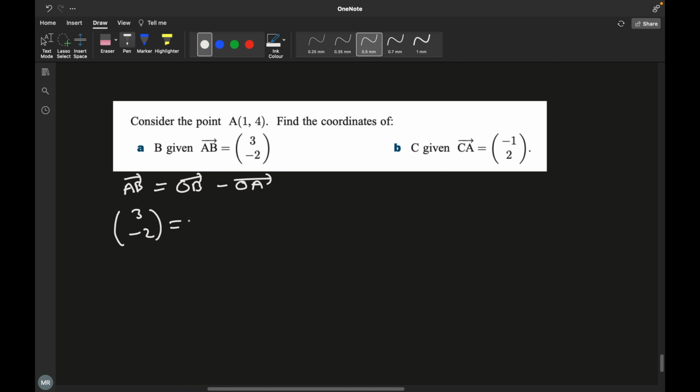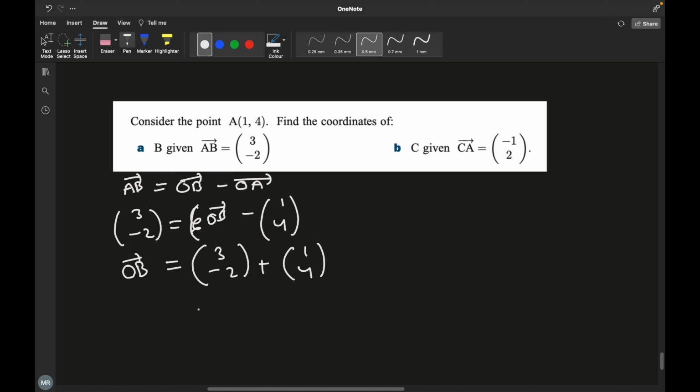We don't know the coordinates of B, so let this just be OB. OA is 1, 4. Let's take this to the other side. So we get OB is 3, -2 plus 1, 4. It's 4, 2. So this is 4i plus 2j.